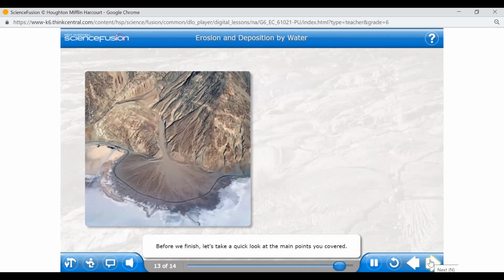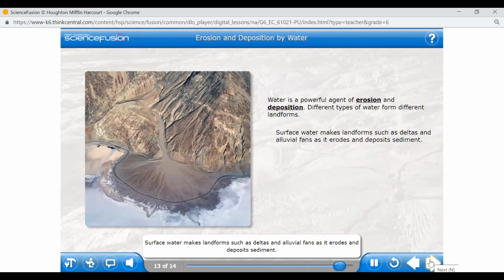Before we finish, let's take a quick look at the main points you covered. Water is a powerful agent of erosion and deposition. Different types of water form different landforms. Surface water makes landforms such as deltas and alluvial fans as it erodes and deposits sediment.